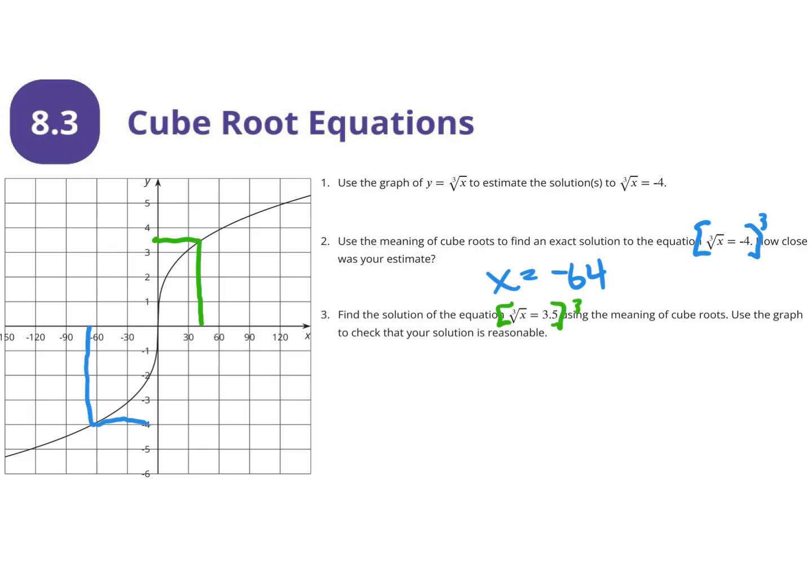We cube the whole thing, and x is 3.5 cubed, whatever that number is. 3 cubed is 27. 4 cubed is 64. 0.5 is probably halfway between 27 and 64. So I don't know what the number is. I'm going to just leave it like that.